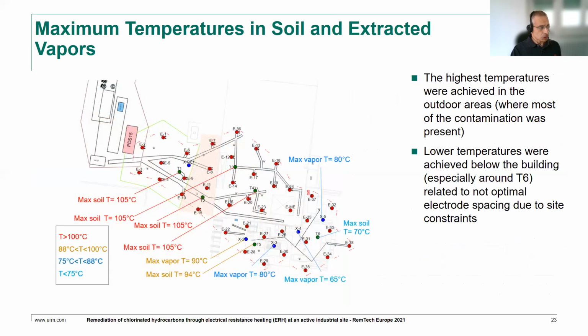And here is shown the heating performance of the system. So we didn't reach the temperature at all locations because sometimes the distance between electrodes had to be increased because of logistics.